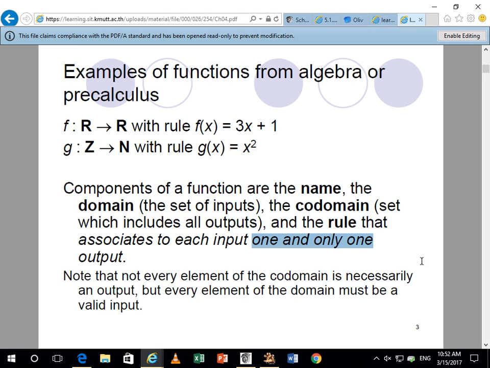If this is not satisfied, then it is not a function. A function is mapping 1 to 1. If you're mapping from 1 to many, then by definition, it's not a function.